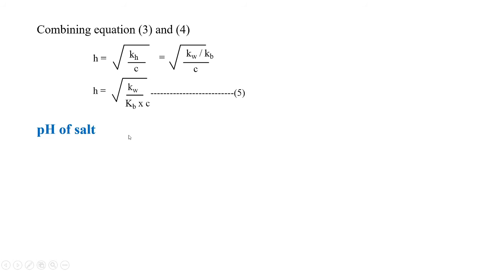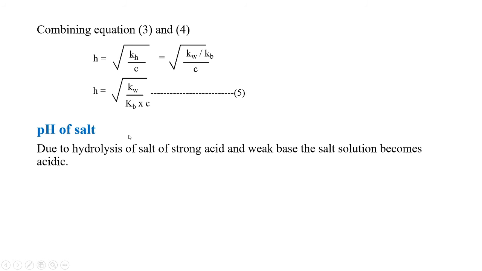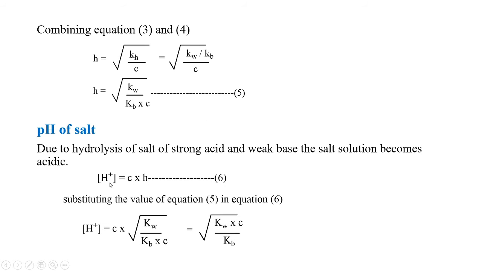Now let us see pH of salt. You know that due to the hydrolysis of salt of strong acid and weak base, the salt solution becomes acidic. So H+ is equal to C into h, concentration into degree of hydrolysis.